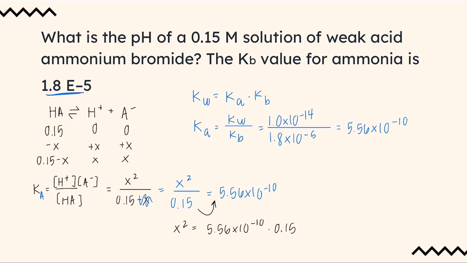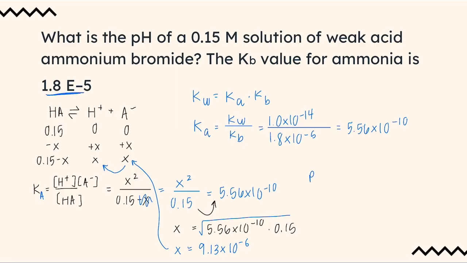I know that I'm going to square root both of these, so I'm getting the square root of that math there. And I get that x is equal to 9.13 times 10 to the negative 6th, which I know is equal to both my A minus and my H plus concentration.